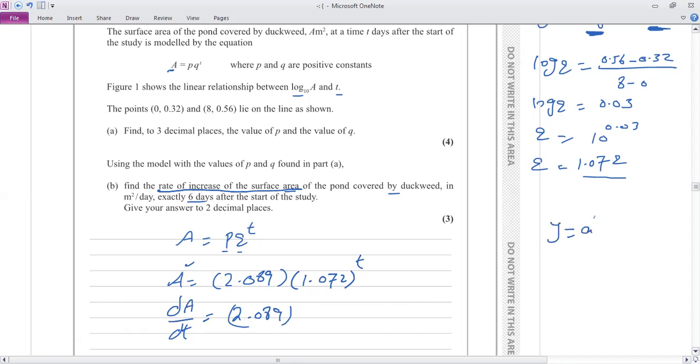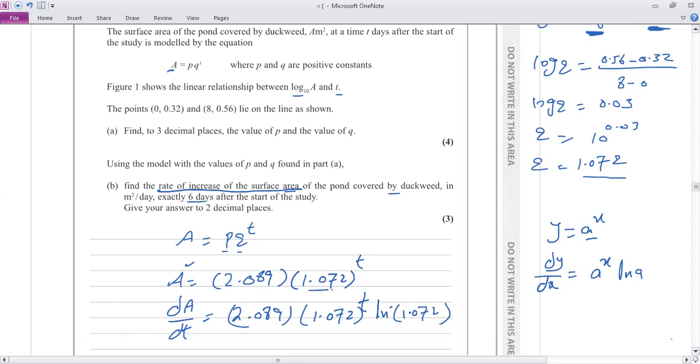If you have y is equal to a power x, then dy over dx will be a power x log of a. Apply that formula on this one also. It will become 1.072 to the power t as it is, and then into the natural logarithm of the base, which is 1.072.